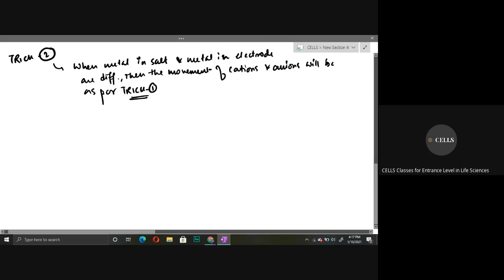What is trick 1? Less electropositive cation will move towards the cathode, more concentrated anion will move towards the anode.